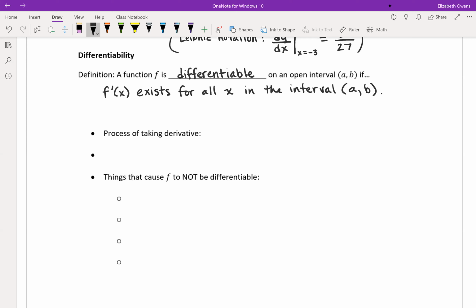Okay, and that is the definition. So we are defining what it means to be differentiable.